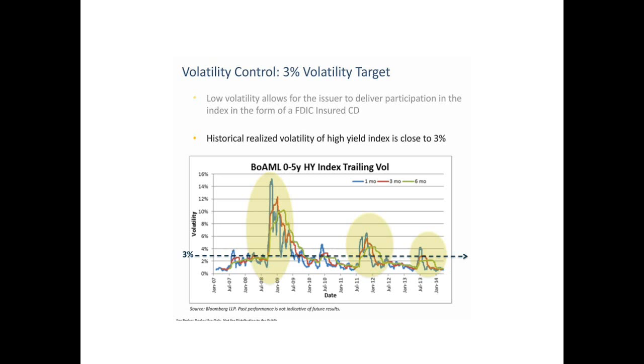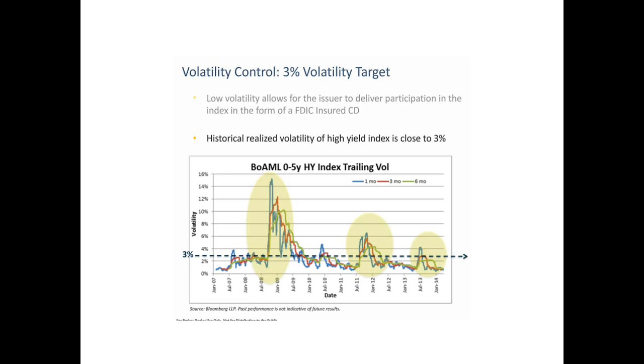Now, remember the trigger point is 3% volatility. But if you look back historically, all the way back to January of 2007, you will see from this chart that the vast majority of the time, the volatility of this particular ETF was below 3%, which means that the index would have been 100% invested in the index for the vast majority of this time frame, from January of 07 to January of 2014.